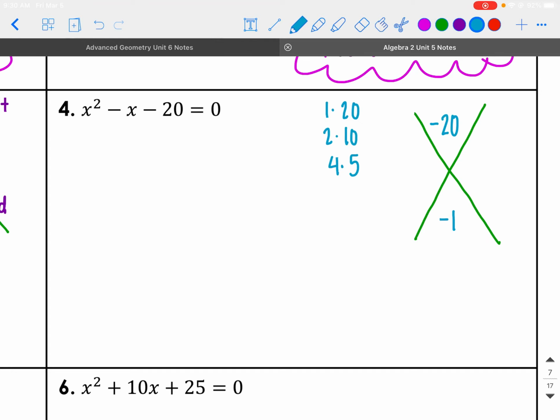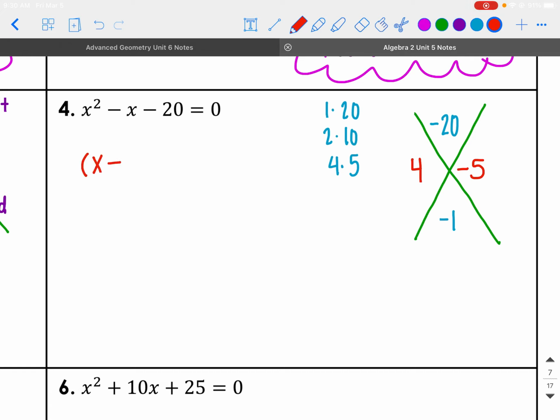It could either be the 1 or the 20, the 2 or the 10, the 4 or the 5. So see if you can figure out what numbers multiply to be negative 20, but when I add them, I get negative 1. And those numbers are 4 and negative 5.